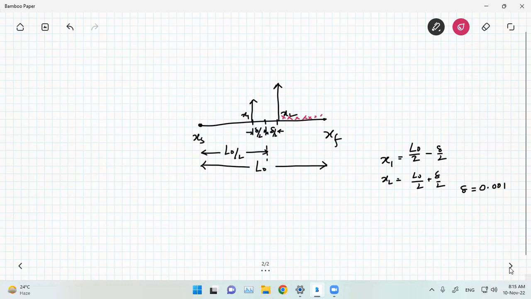So our new interval will be XS to X2. This is subjected to minimization.